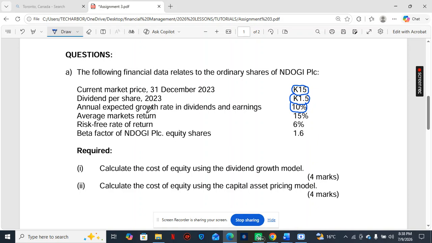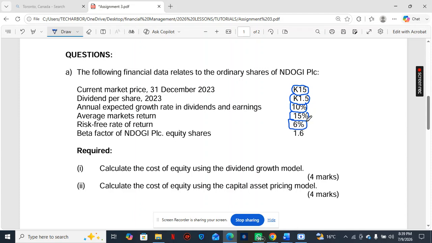Average market return, 15%. Colleagues, when we talk about the average market return, it's just saying that if you go to the Lusaka Securities Exchange and you want to invest in any company, on average, your return is going to be 15%. Risk-free rate of return.